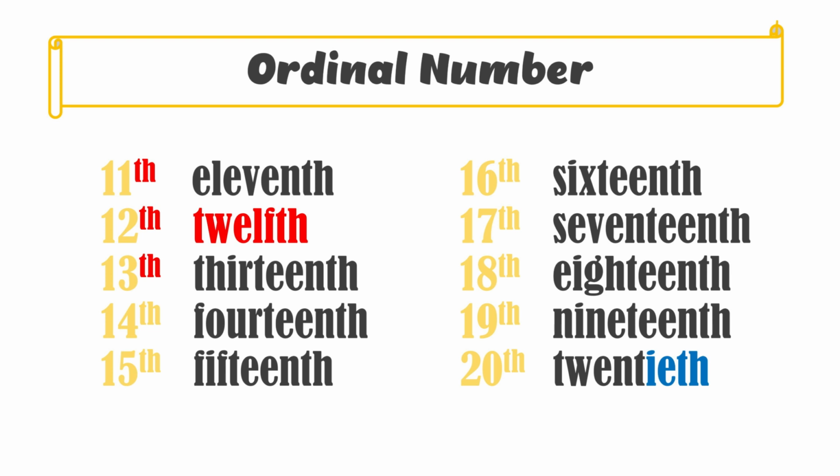How do we spell 20? T-W-E-N-T-Y. But how do we spell 20th? T-W-E-N-T-I-E-T-H. So in 20, this word ends in ty, but in 20th, this word ends in ieth.